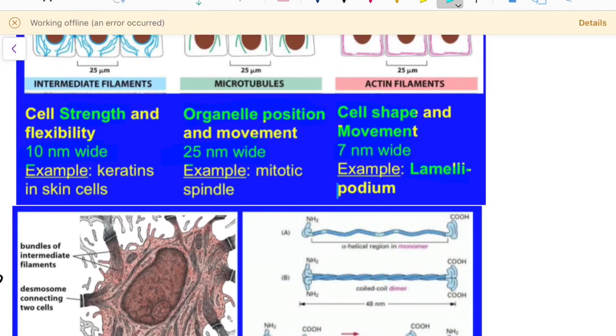These are examples of how lamellipodia contract with that actin polymerization, where actin is added on one side but shrinks on the other, whereas microtubules, as in the mitotic spindle, grow and shrink on the same end.